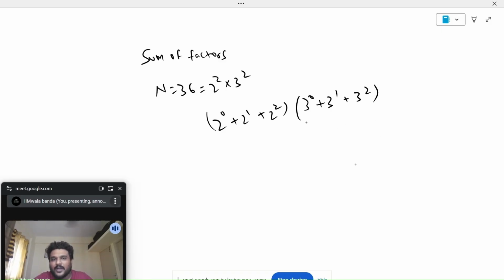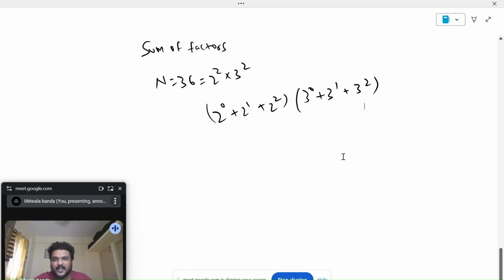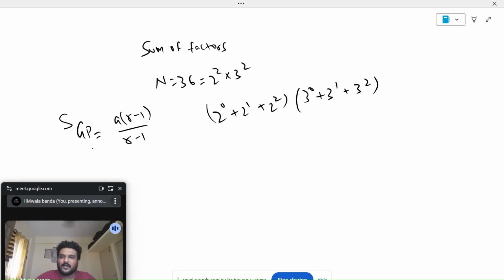So how do I write this? Basically, when you expand it, it will bring all those 9 terms and you can see it as a sum, correct? Now, the way to look at it is, this is a GP, okay? In a GP, you know that the sum of a GP is A times r to the power n minus 1 upon r minus 1, where r is the common ratio and A is the first term.